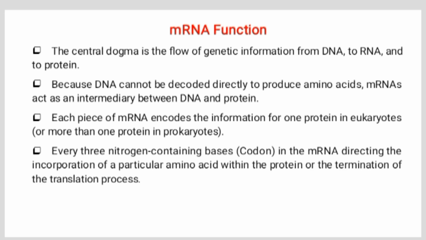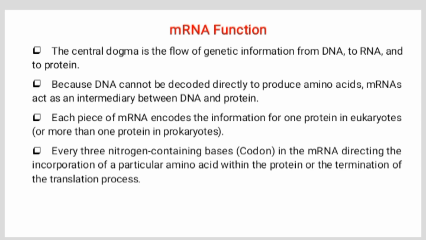However, protein is the production from amino acids. Every three nitrogen-containing bases, like AUG, form a codon. AUG is one of the codons. It helps in the production of one type of amino acid. All the amino acids join to form a protein molecule.